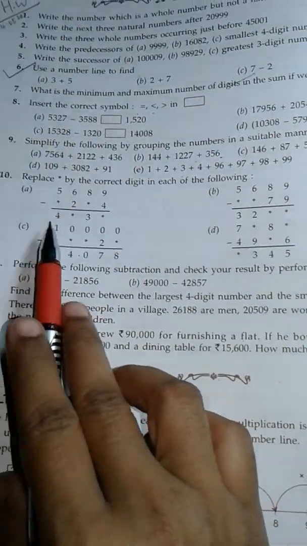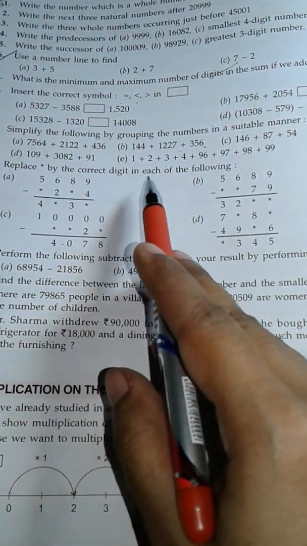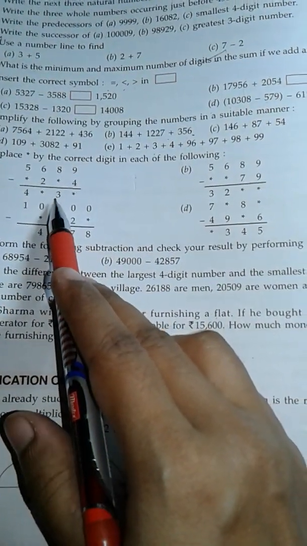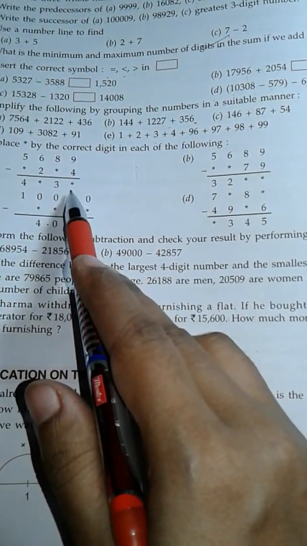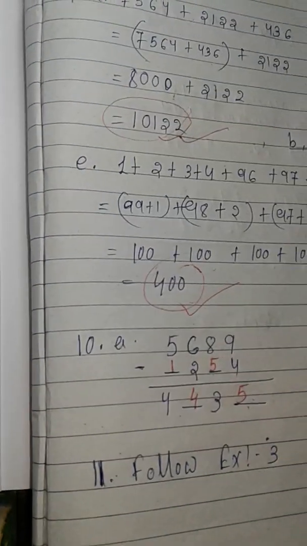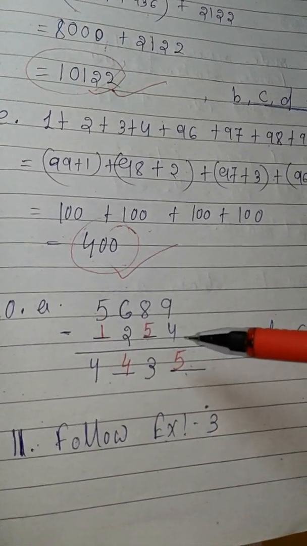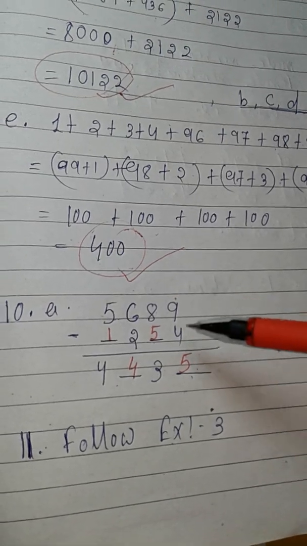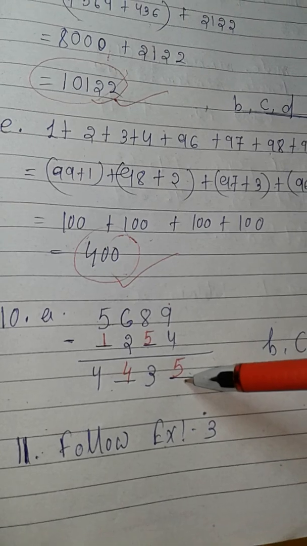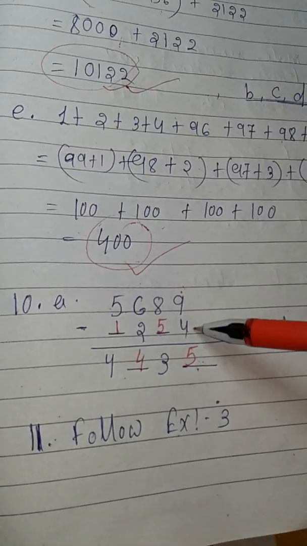Then number 10. Replace the star by the correct digit in each of the following. Star means you have to complete this; one blank is there. So here I solve 10a. Children, this is minuend, subtrahend, and this is difference. Already I told you, if you find the difference, you subtract subtrahend from minuend.